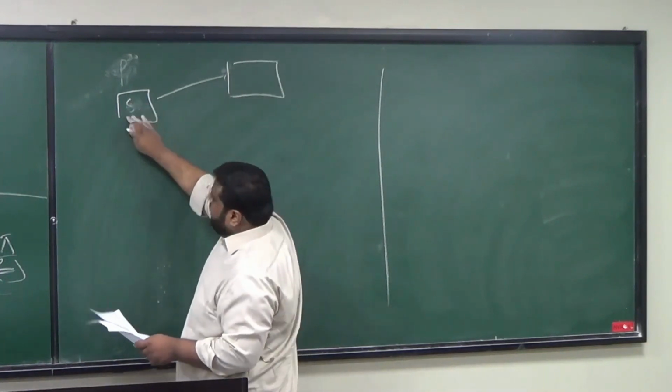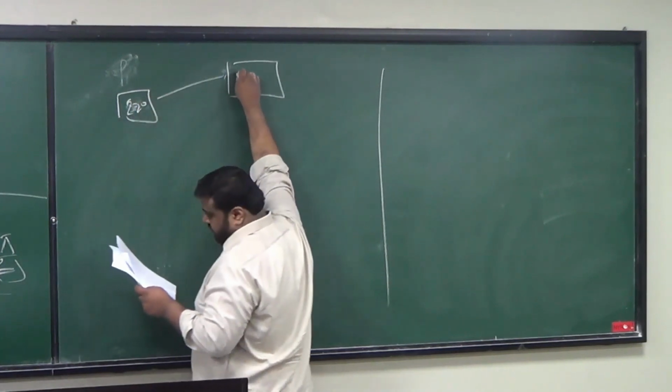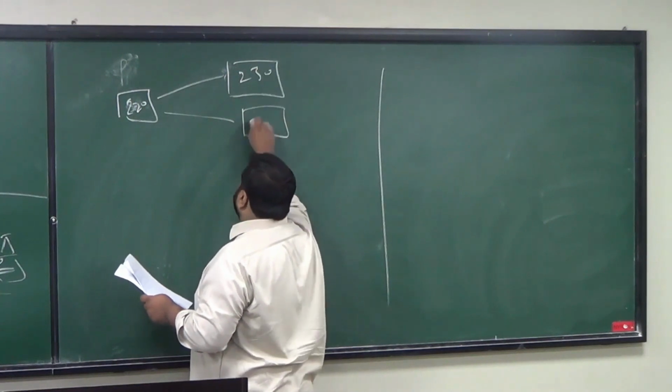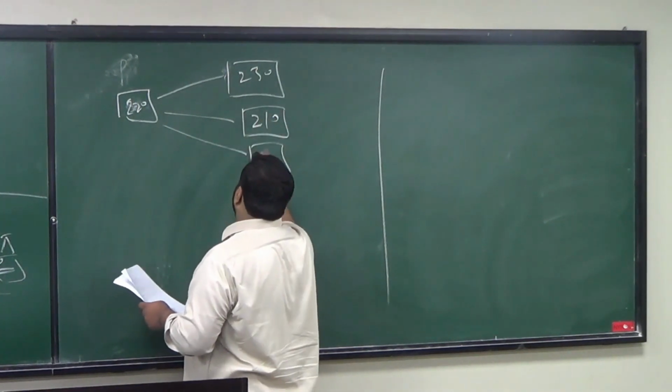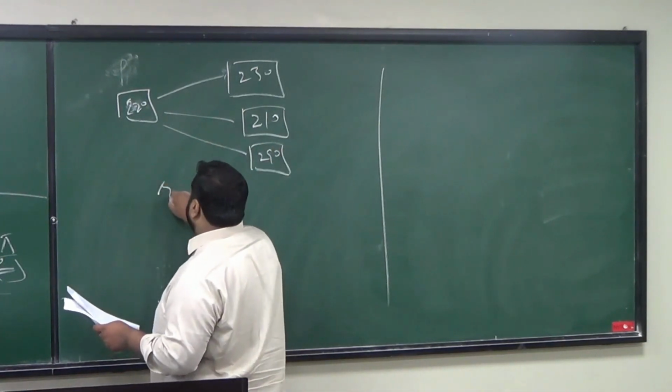So I imagine this is 220, this is 230, 210, and this one is 290, and R is 0.